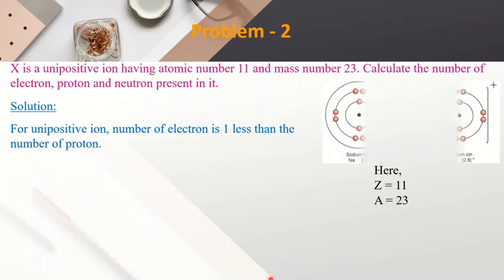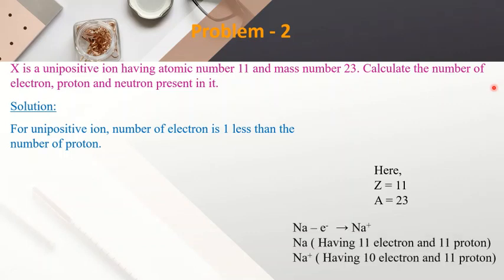So here, look, this is sodium atom which has 11 proton in the center and 11 electron. But when one electron is released from sodium, then there are 11 proton, but now there are 10 electron. And for these 10 electron and 11 proton, one proton is more, so it becomes positively charged.